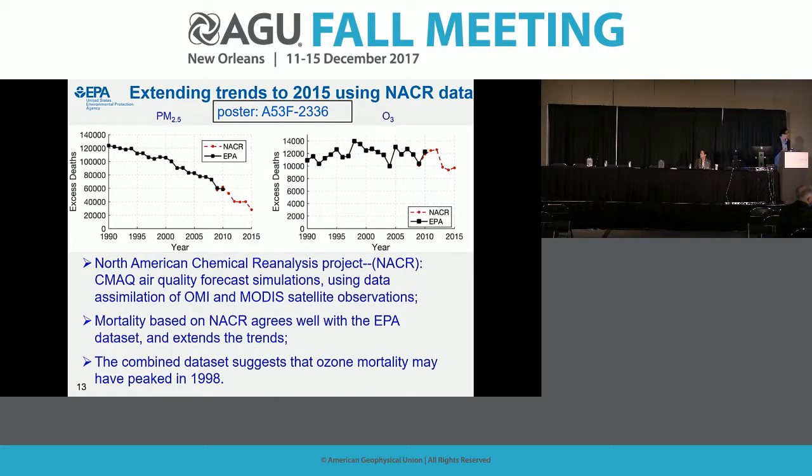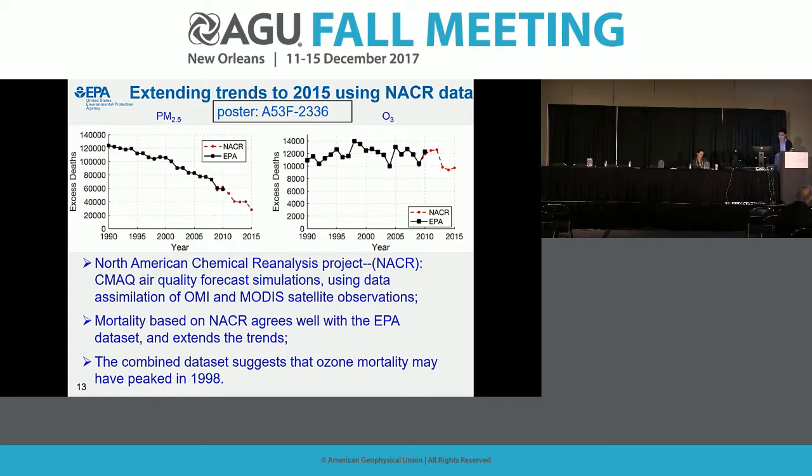Then, by working with our coworkers, we have been able to extend our results to 2015 by taking advantage of the North American Chemical Reanalysis project. We call it NACR. For this project, they have been using the CMAQ air quality forecast simulations, using the data assimilation of the OMI and MODIS satellite observations.